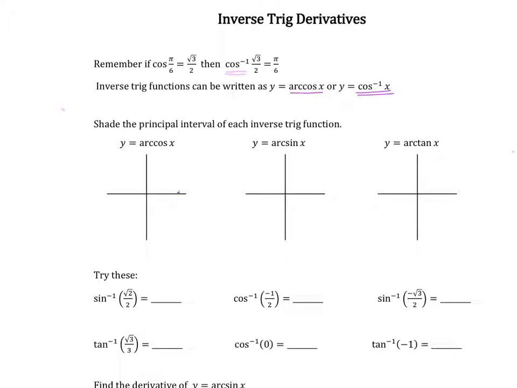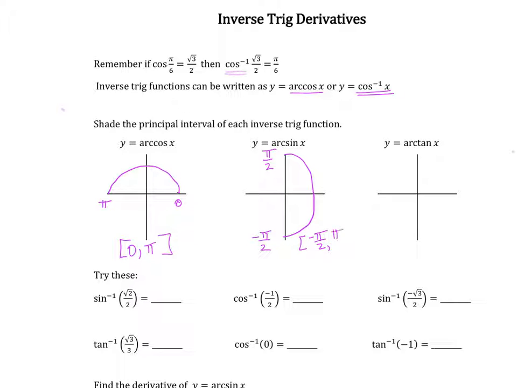For arc cosine, you looked between 0 and pi, which means every answer that you give will need to be between 0 and pi. And then with arc sine, you were looking in quadrants 1 and 4, and so that continuous interval is negative pi over 2 to pi over 2.